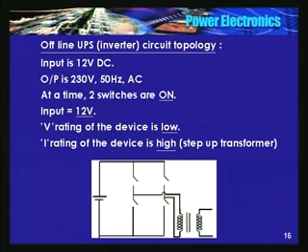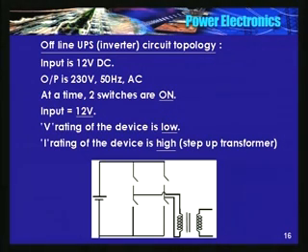If I take 2 volts drop across each device, I will get 0 to 8, 0 to minus 8 here, and at this point we require 230 volts RMS. So this has to be a step up transformer. So voltage rating is very low, definitely current is high.